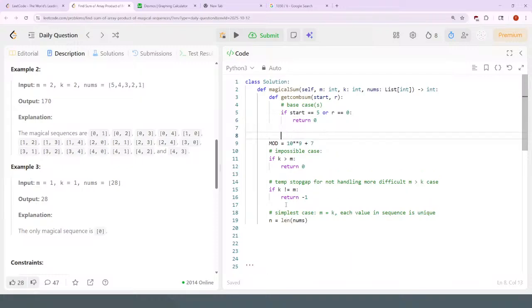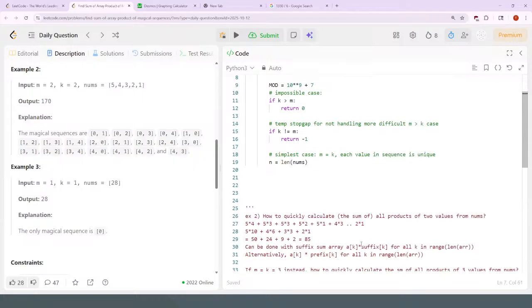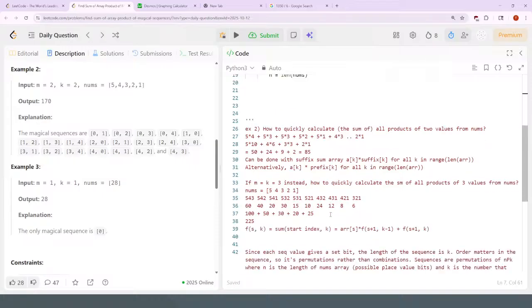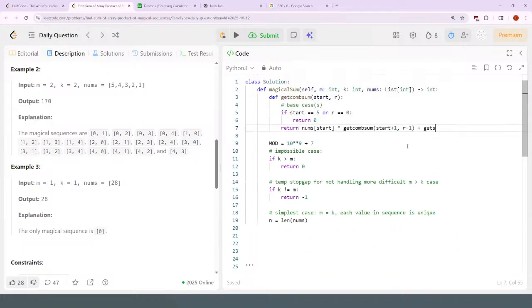Otherwise, everything else is possible. So you just return the nums at the start index times recursive start plus 1 and r minus 1. Okay, so get combination sum start plus 1, r.